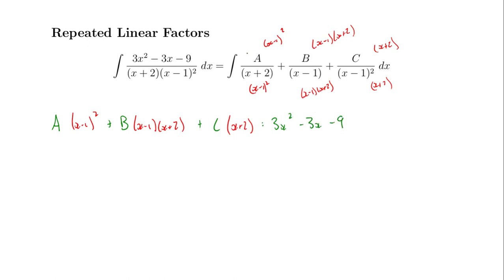is equal to our original numerator of 3x squared minus 3x minus 9. What you'll notice is that now we can do the pick-an-x-value trick.